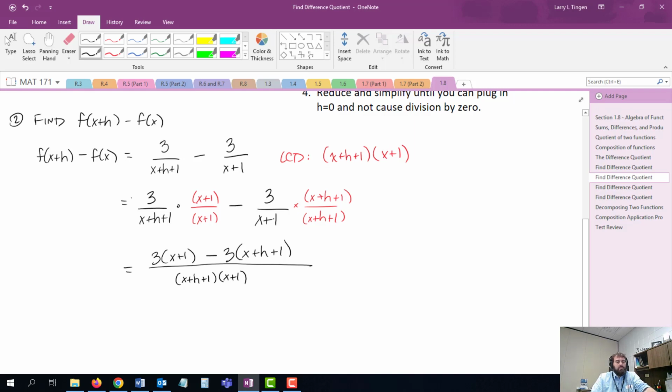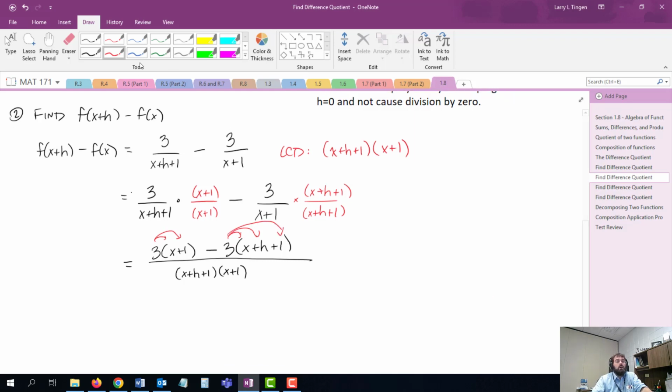What happens when I get that common denominator is the numerators come along, and if my fractions are separated by an operator, that operator just moves up to the numerator. So this is what I've got. I'm going to distribute the 3's as follows, and that is 3x plus 3 minus 3x minus 3h minus 1.